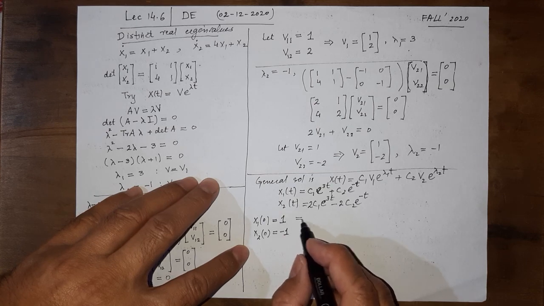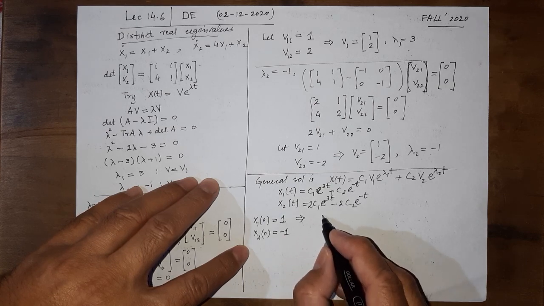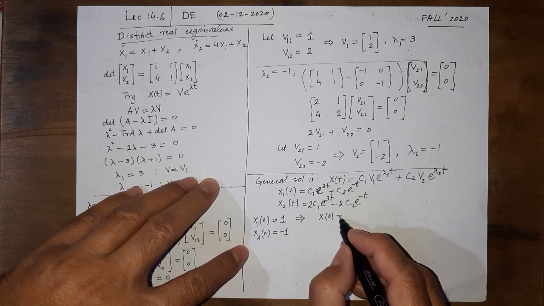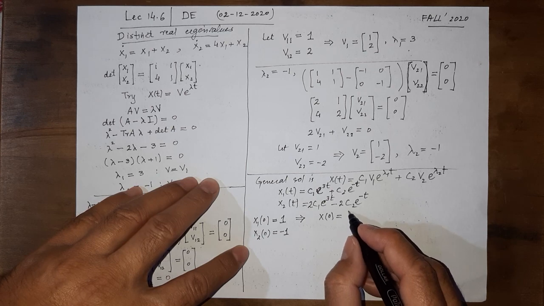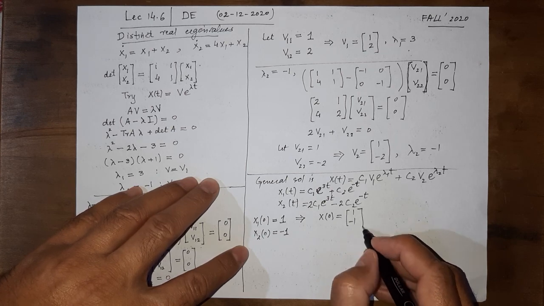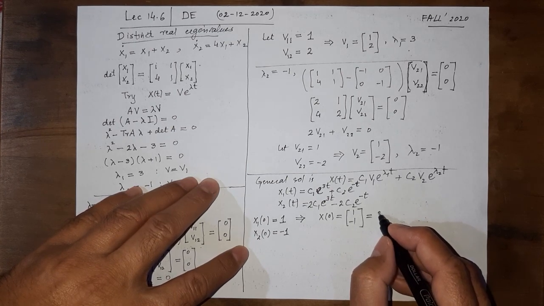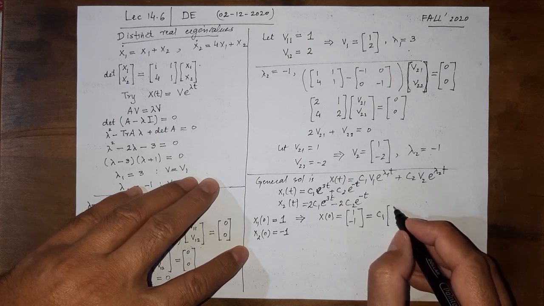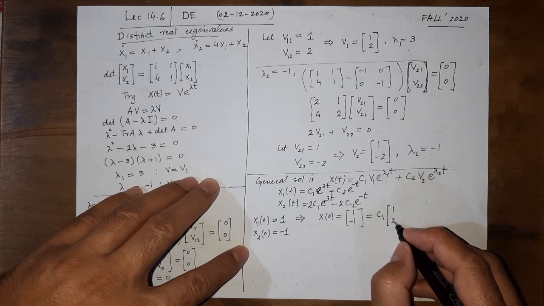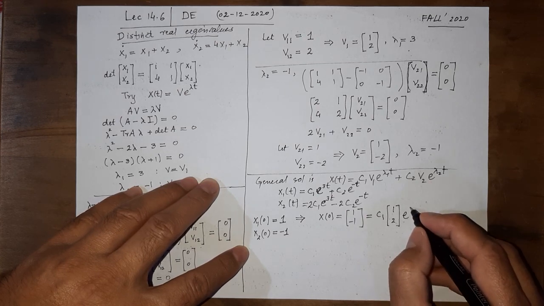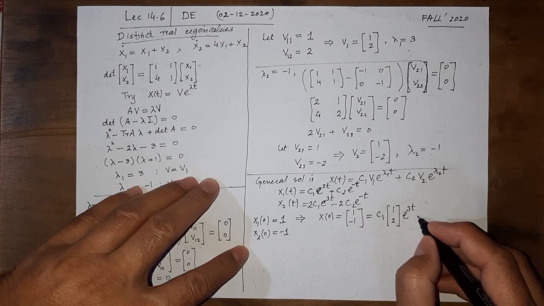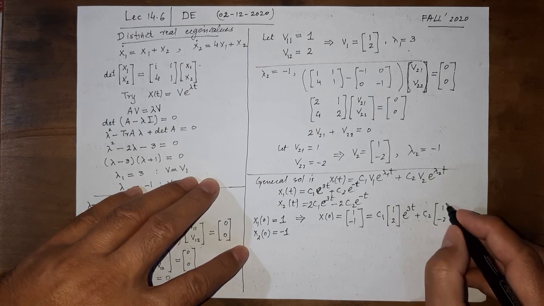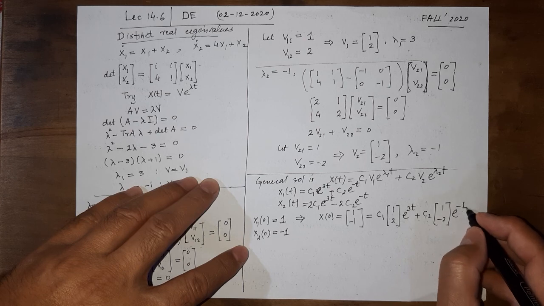So this means that x at 0 is the vector (1, minus 1), and that would be equal to c1 times the vector (1, 2) e raised to the power 3t plus c2 times the vector (1, minus 2) e raised to the power minus t.